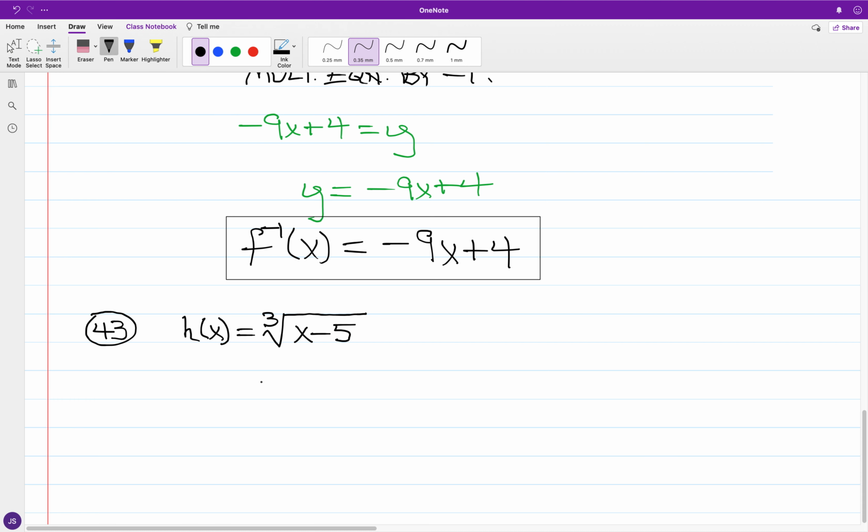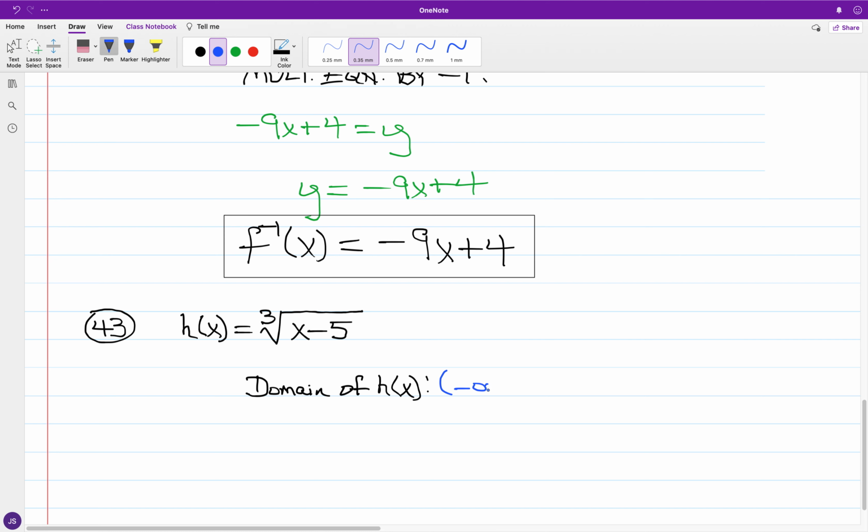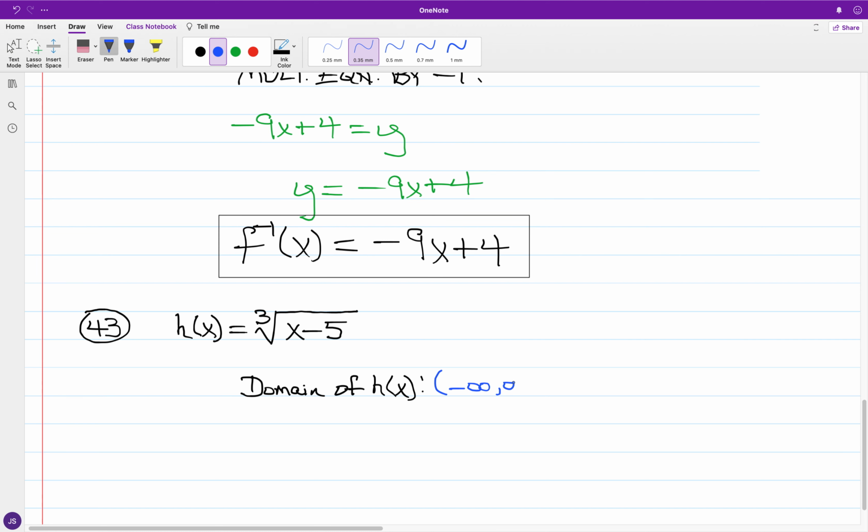So I'm just going to state that for the domain of h of x, we're going to have the set of all real numbers. And if x can be anything, well, guess what? Y, or h of x, can be anything as well from the real number system.